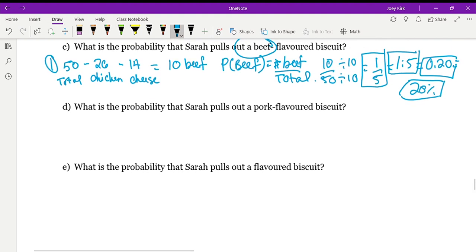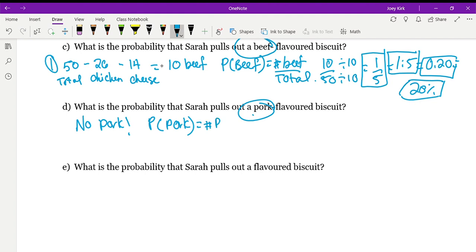All right, what's the probability that Sarah pulls out a pork-flavored biscuit? Well, there weren't any pork. No pork. So if we're looking at the technical formula, the probability of a pork-flavored biscuit is going to equal the number of pork over the total.